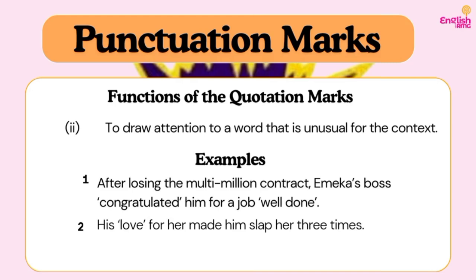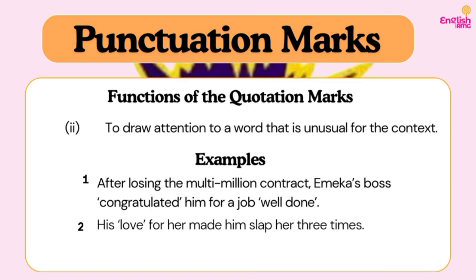When someone loves you, the person wouldn't want to slap you 3 times. So when you say his love for her, in quote, love here does not actually mean love, especially when you look at the context. So sometimes when you are using some words for unusual meaning, you can put them in quotes so that your reader can understand that you do not really mean the dictionary meaning.